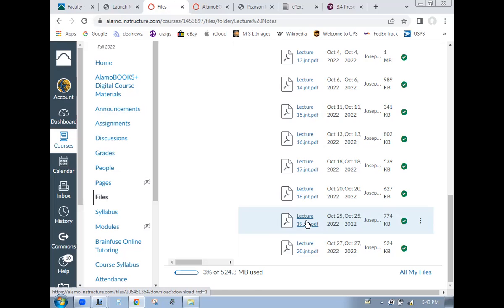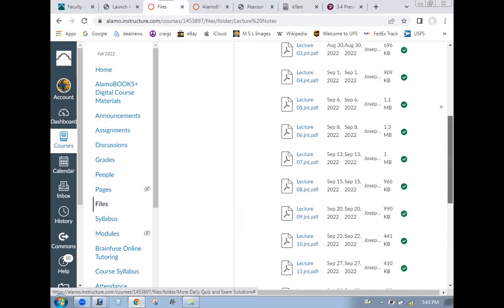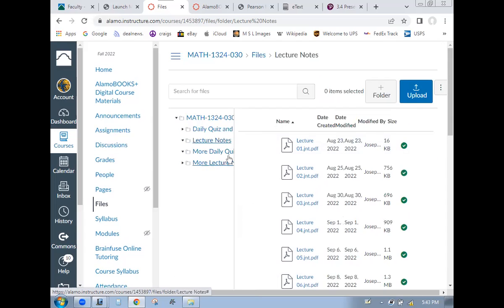So for anything after 20 files, I had to make these new folders called more lecture notes and more daily quizzes. So anything after 20, I'm putting them in there. Now I think you could still find them, like if you search for it, it'll show up, but for some students it will, and for some students it won't, right?